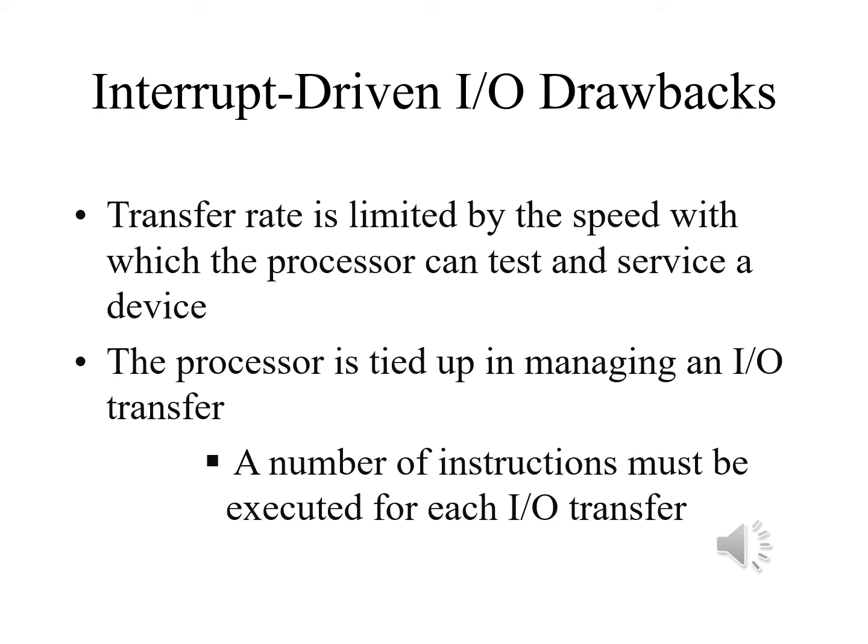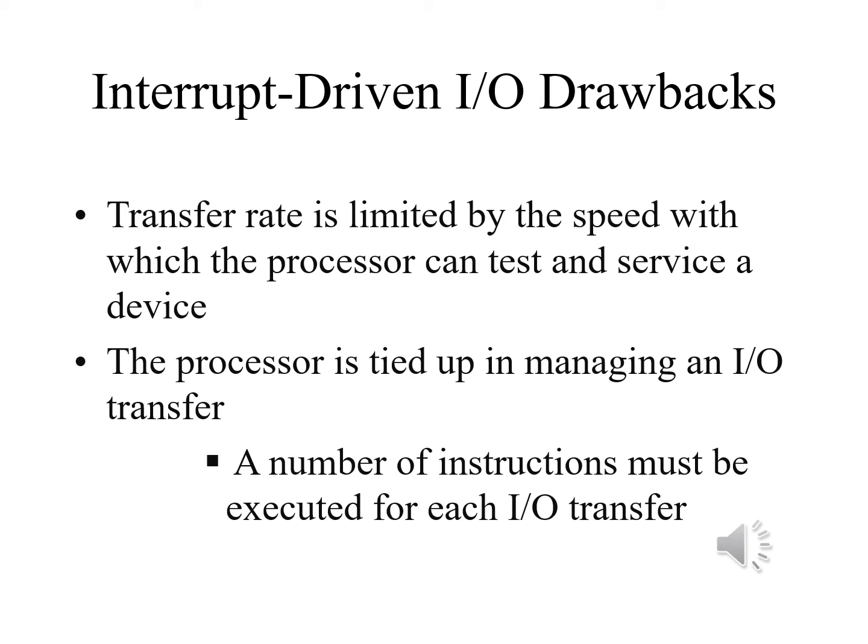Interrupt-driven I/O, though more efficient than simple programmed I/O, still requires the active intervention of the processor to transfer data between memory and an I/O module, and any data transfer must traverse a path through the processor. Thus, both of these forms of I/O suffer from two inherent drawbacks.